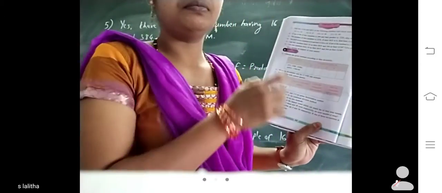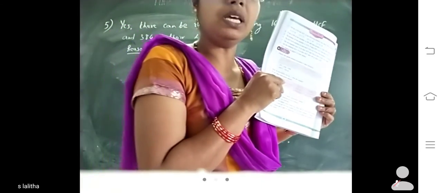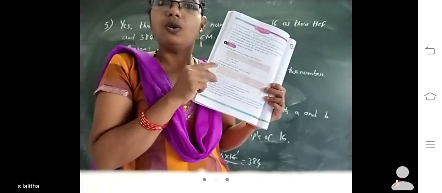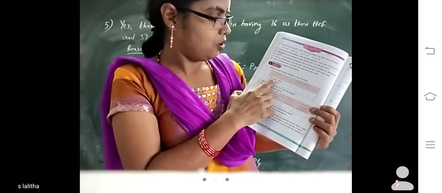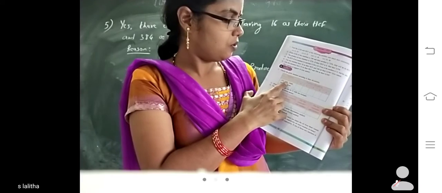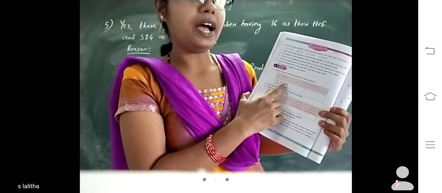So what are the numbers divisible by 10, children? Divisible by 10 means the last digit is 0. That is divisible by 10. Okay? So which are the numbers here? One's place is 0. Two numbers are there: 5500, 14,560.